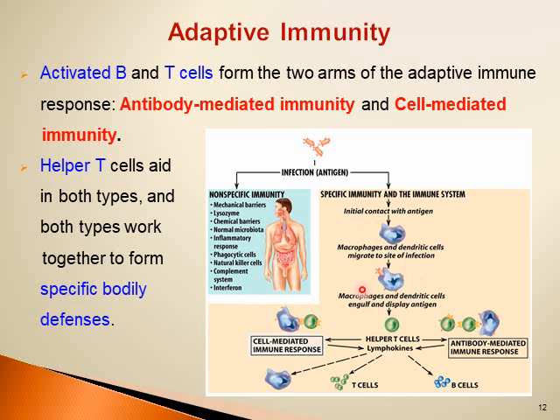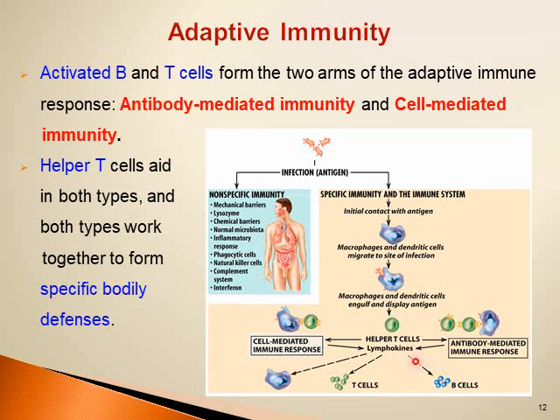They will engulf the invader or the pathogen and present its antigen on the surface, where the helper T cells will recognize it and become activated. Then the helper T cells in turn will activate the cell-mediated immune response and the antibody-mediated immune response.